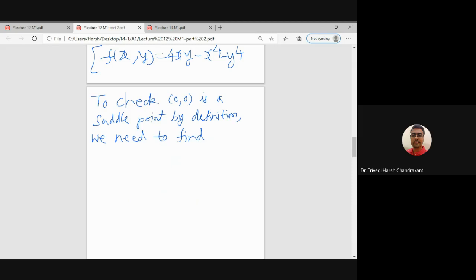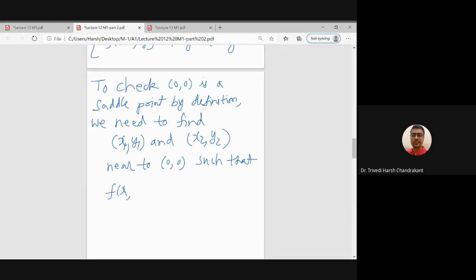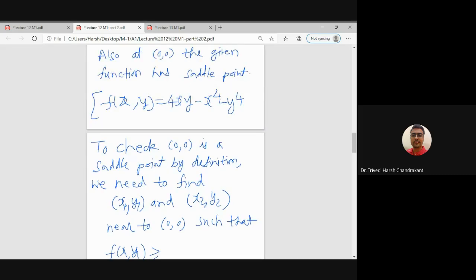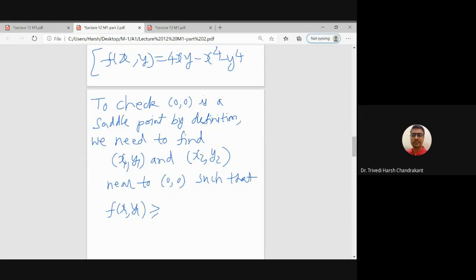To observe that, we will substitute particular values. We need to find (x1, y1) and (x2, y2) physically near to the origin, such that f(x1, y1) is greater than or equal to f(0, 0). What is the function at the origin? The value of the function is 0, so f(0, 0) = 0.